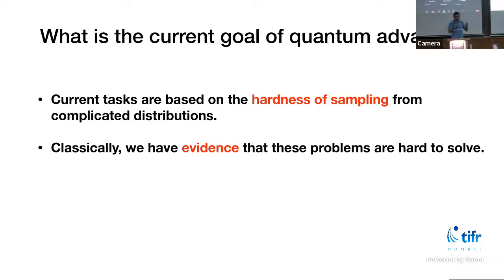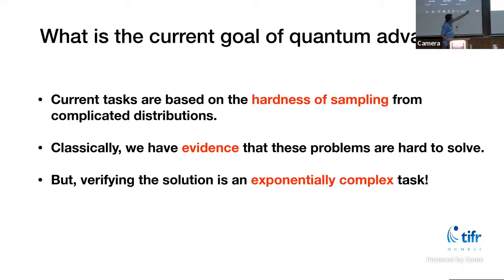There's still this gap. And thirdly, we cannot really verify that a quantum computer has indeed solved this task in polynomial time. Verification is still a very painful task, takes a long time. So this is what we have.